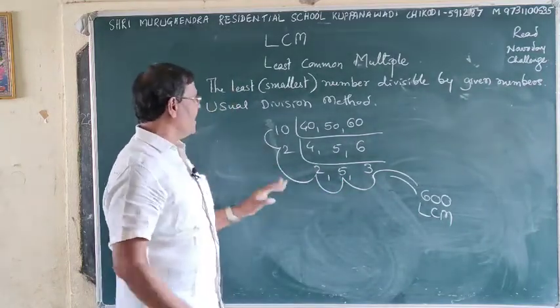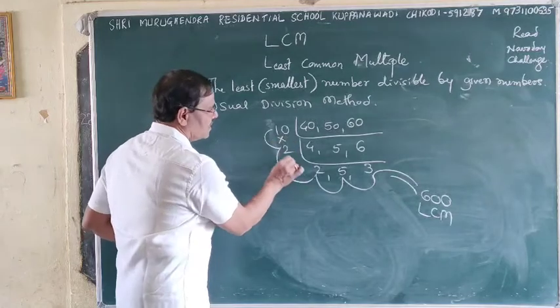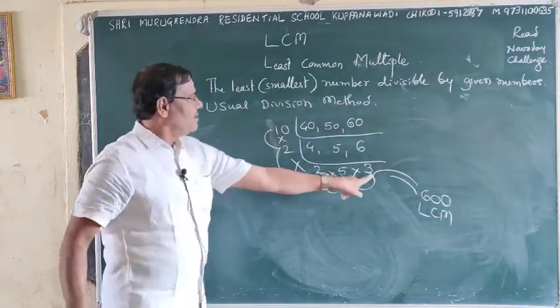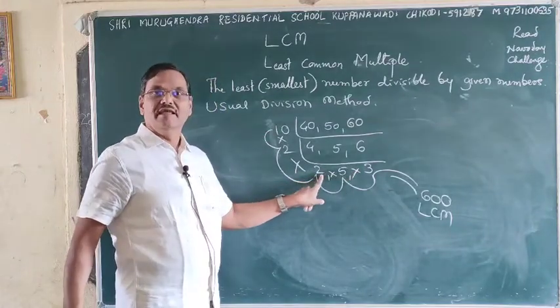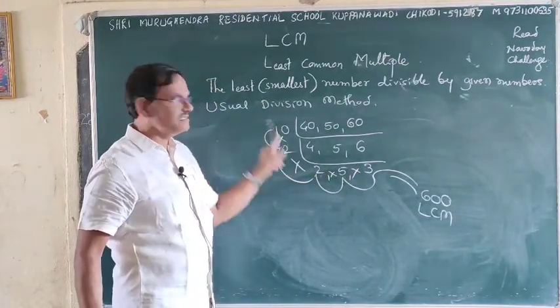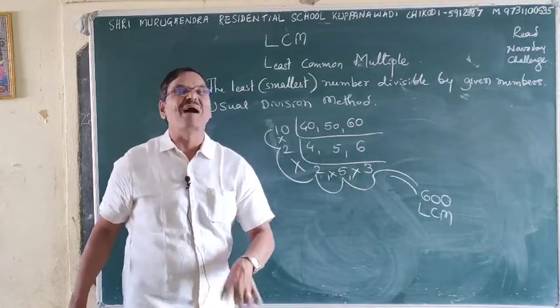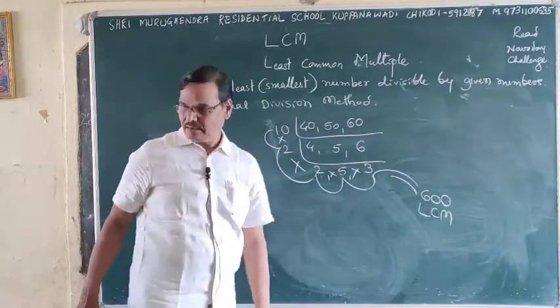So you can multiply all these. See, 10 2s are 20, 5 3s are 15, 2 15s are 30, 2 30s are 60, 60 10s are 600. Okay, you can do this trick fast.